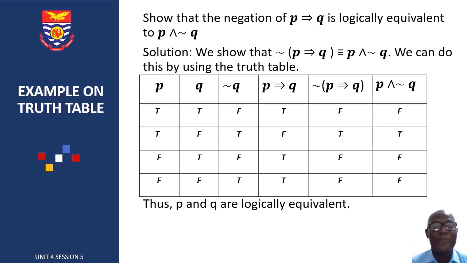If P is false and the negation of Q is true, since both statements are not true, the conjunction is false. Now looking at the table, you realize that the negation of P implies Q, and the conjunction of P conjunction the negation of Q, are the same. And since they are the same, we conclude that they are logically equivalent.